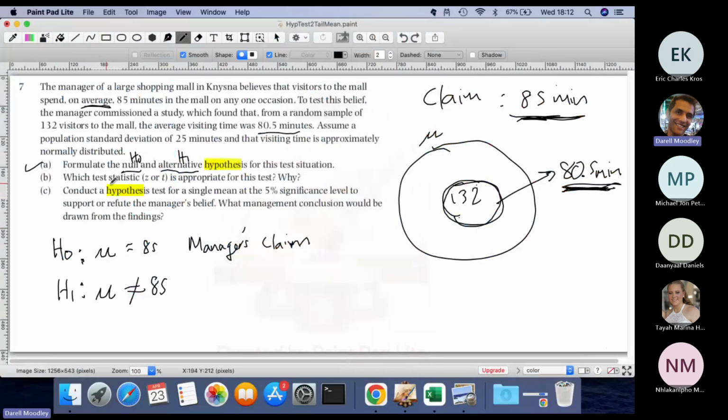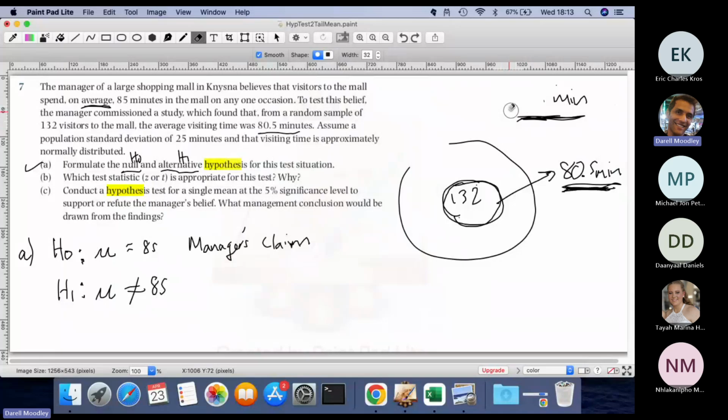All right. So which test statistic? So this is question A that we just answered. For question B, what you need to consider is, first, are we talking about averages? And the answer is yes, because we read the text in the question, they're asking us to look at the average time spent in the mall.